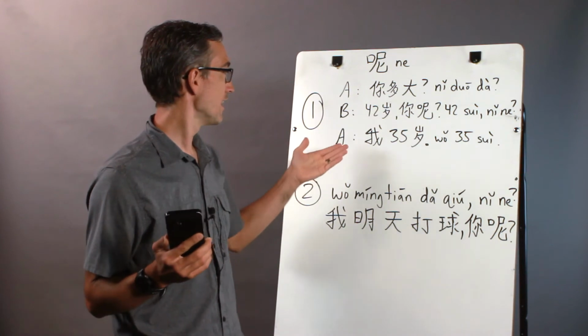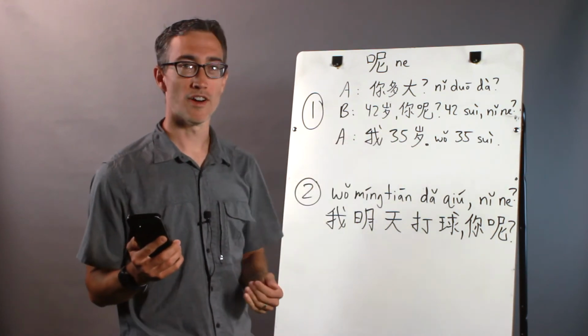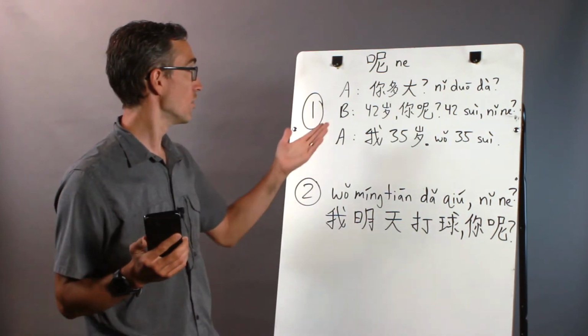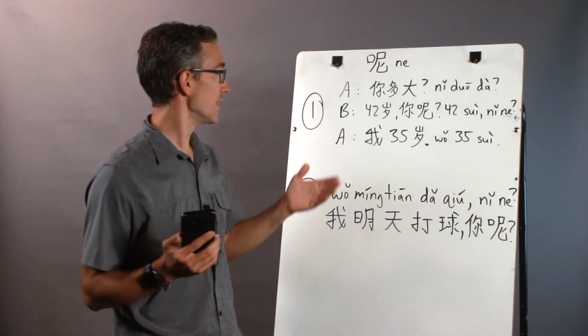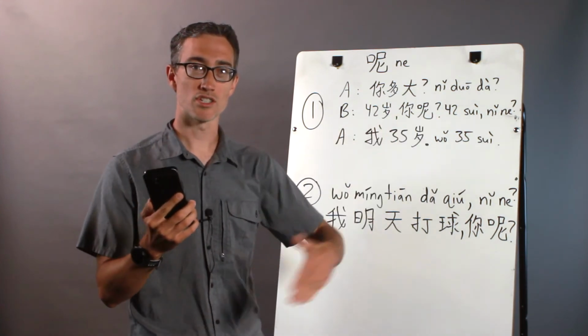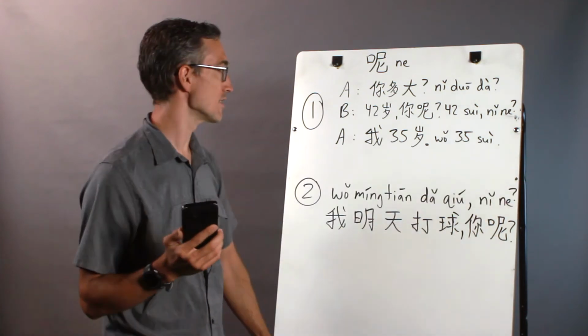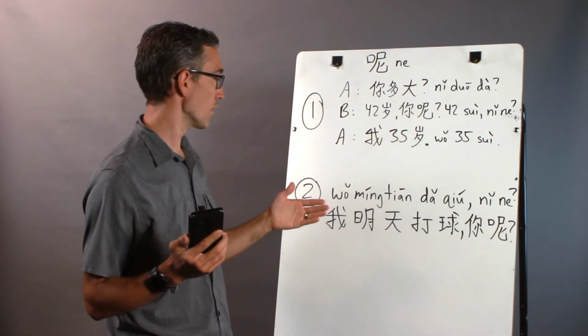And you? And then A responds 我35岁. I'm 35. So in English that would simply go, how old are you? I'm 42. How about you? Or and you? And the answer is I'm 35. So the 你呢 just takes the same question and reciprocates it back to the next person. And so that's a reciprocal question, or a what about question.